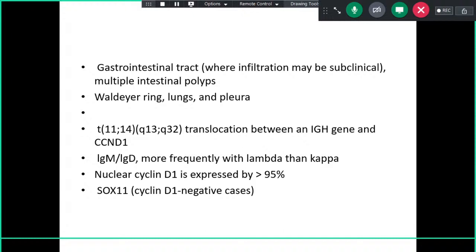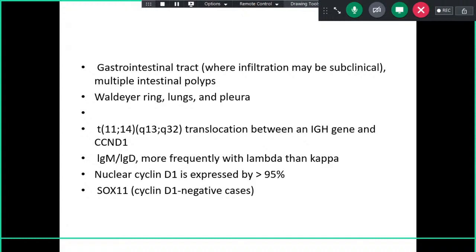Here you get cyclin D1 expression. Cyclin D1 is present in more than 95% of cases. In 5%, it could be cyclin D2 or cyclin D3, but these are very rare. But SOX11 is present in almost all cases, even if it is cyclin D1 negative. So if somebody asks, SOX11 and cyclin D1 are markers for mantle cell lymphoma. CD5 and CD23 are markers for CLL/SLL.